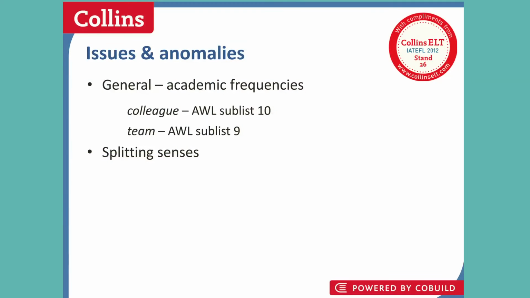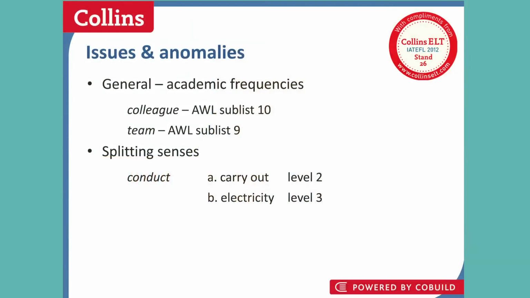Also, as I said, we were focusing on senses. Remember, I was talking about table. Sometimes there were two relevant academic senses, but they worked out differently in terms of their frequencies. So a word like conduct. There are two possible academic senses that I've picked out. One meaning carry out, so conduct research, conduct a survey.